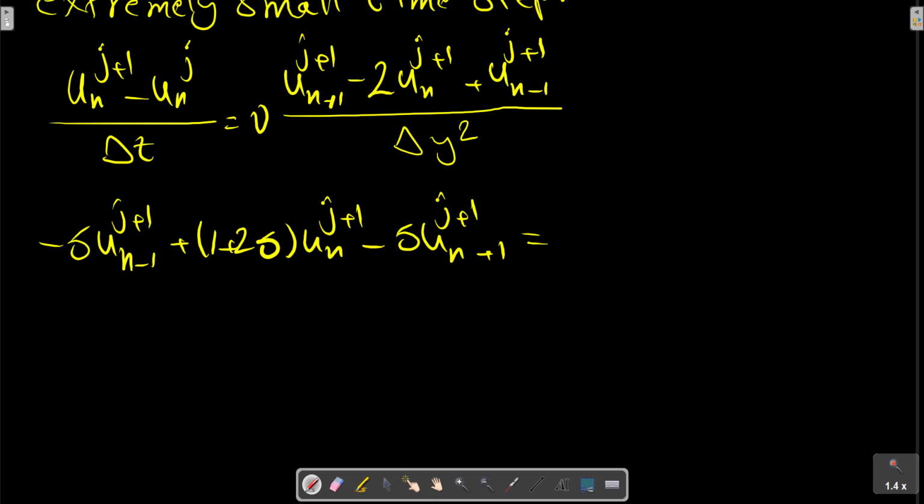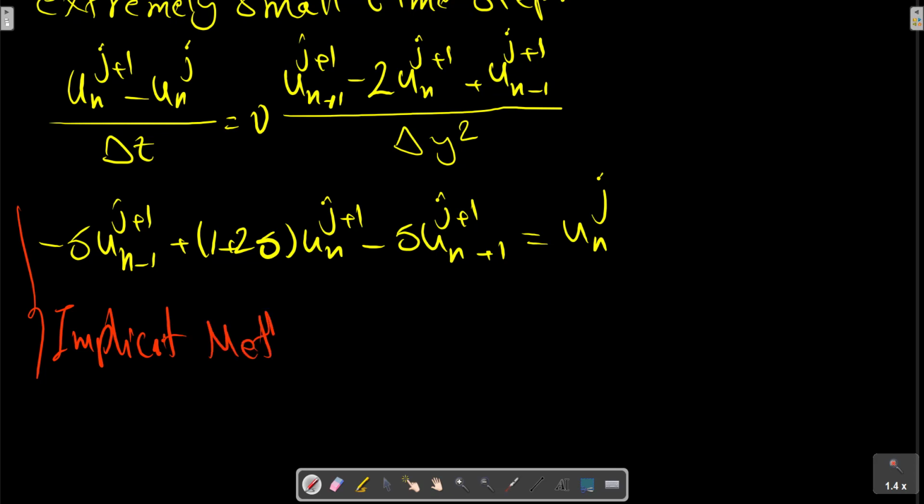The velocities at time step j plus 1 are our unknowns. This is an implicit method.